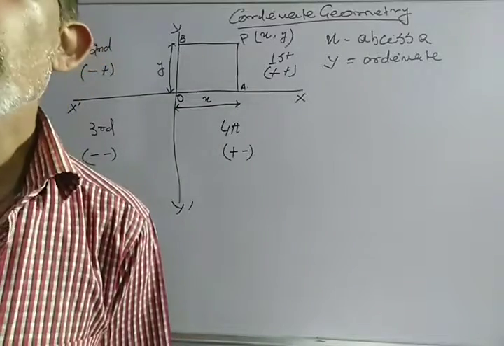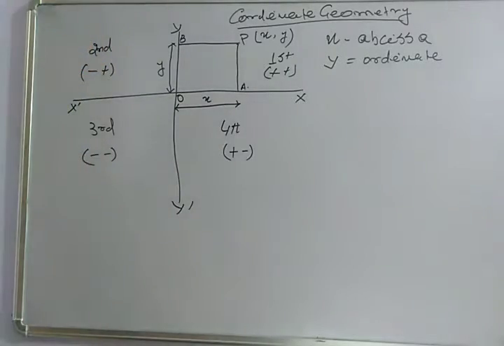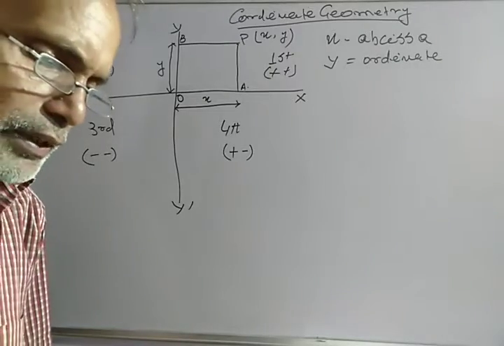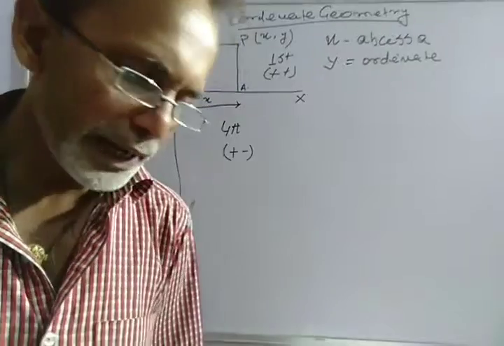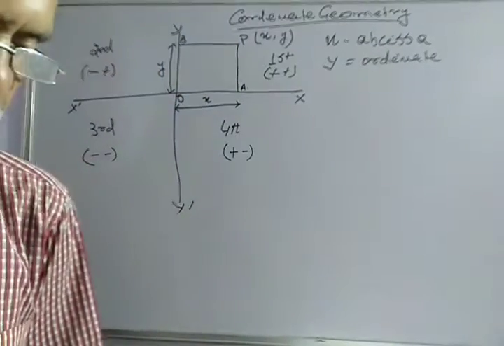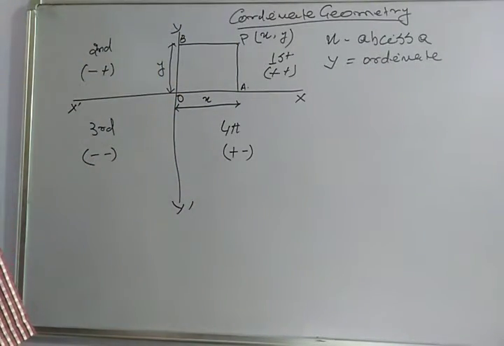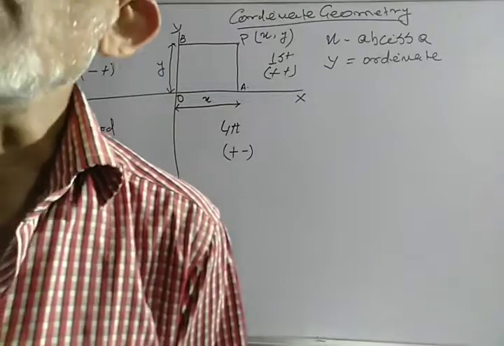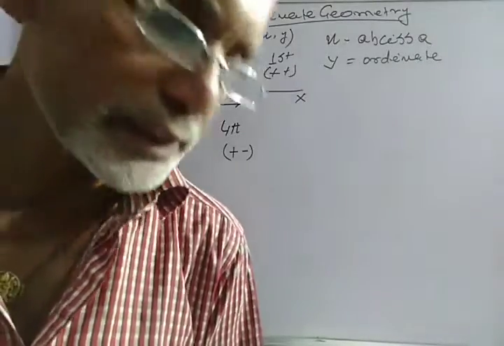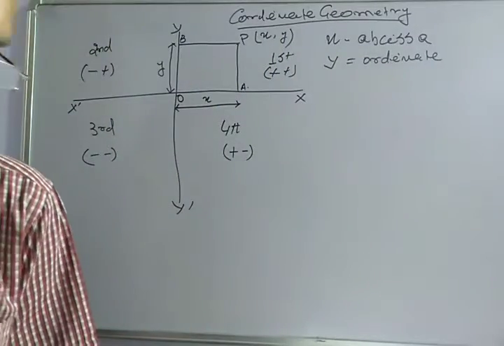The coordinates of a point on the x-axis are (x, 0). The coordinates of a point on the y-axis are (0, y).